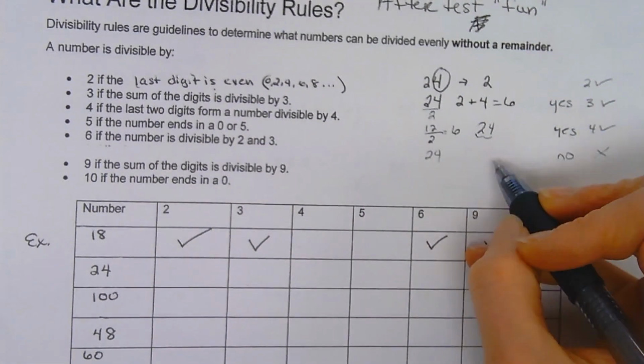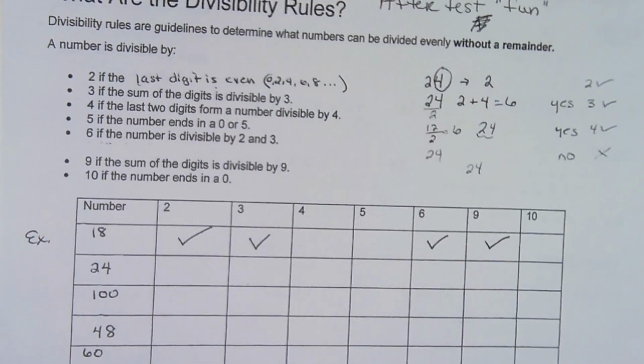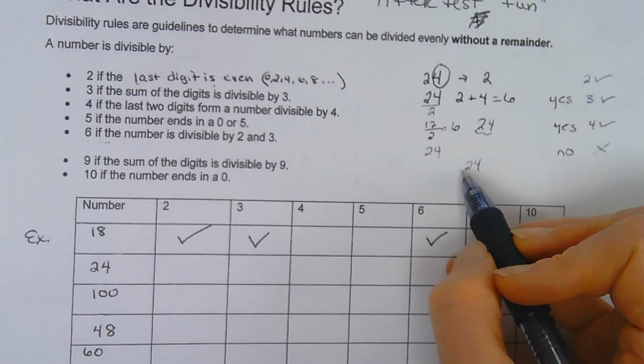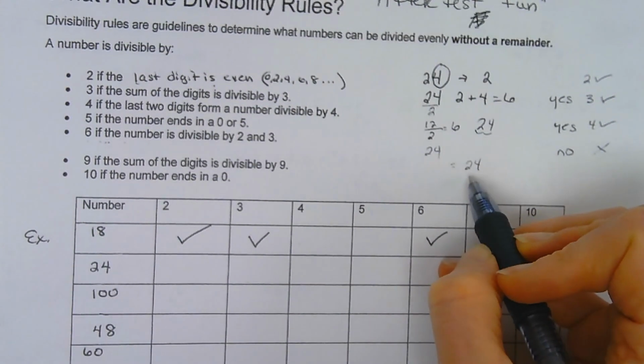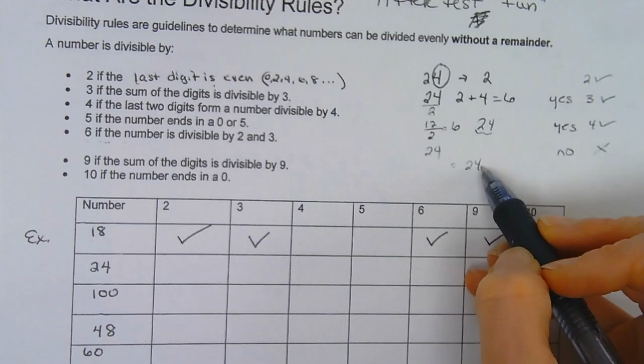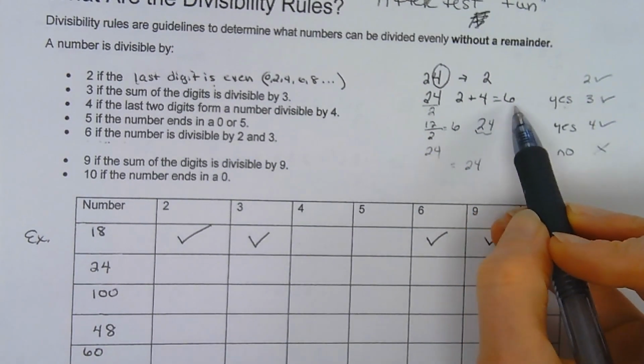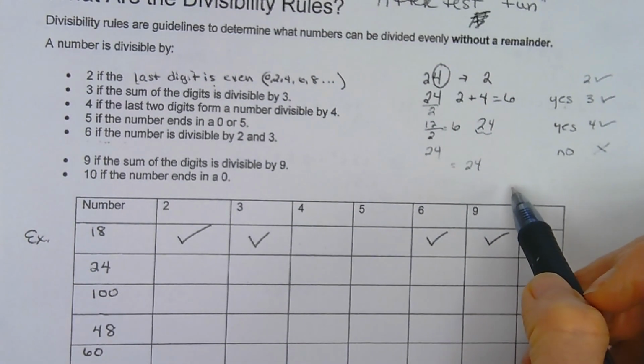Is this number divisible by 6? Well, we know that it is. We know that 6 goes into that evenly. It becomes 4 if you put 6 in there. But the way to check using our number rules is, first of all, is it divisible by 2? Yes, because it's even. Is it divisible by 3? Yes, because the digits add up to 6, a number divisible by 3.